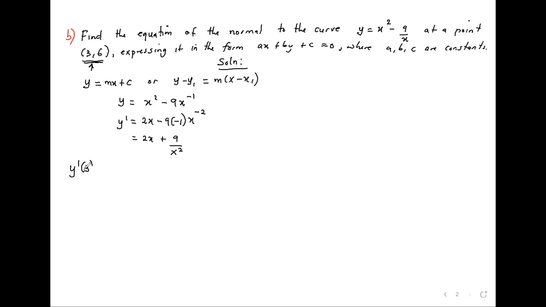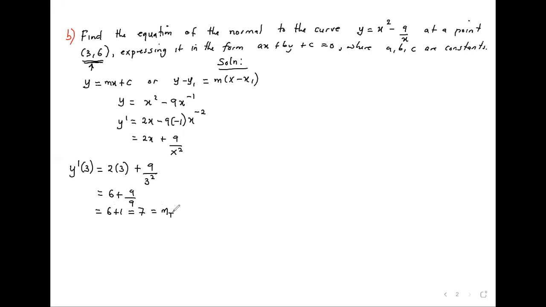It is 3. Where there is x, substitute that number 3. We'll have 6 plus 9 over 9, giving us 6 plus 1, which is 7. This 7 is called mt, meaning the gradient of the tangent line.